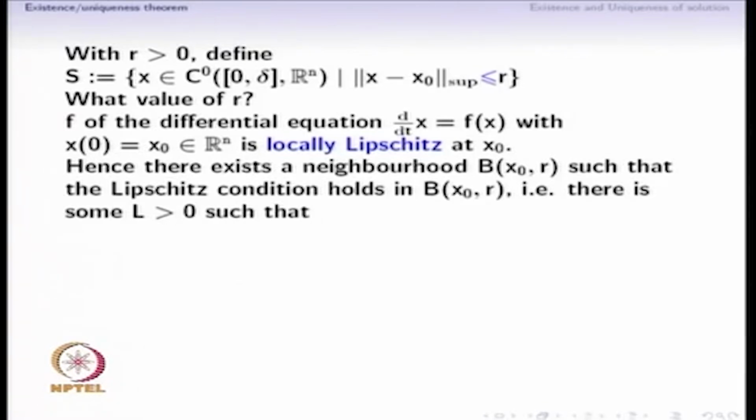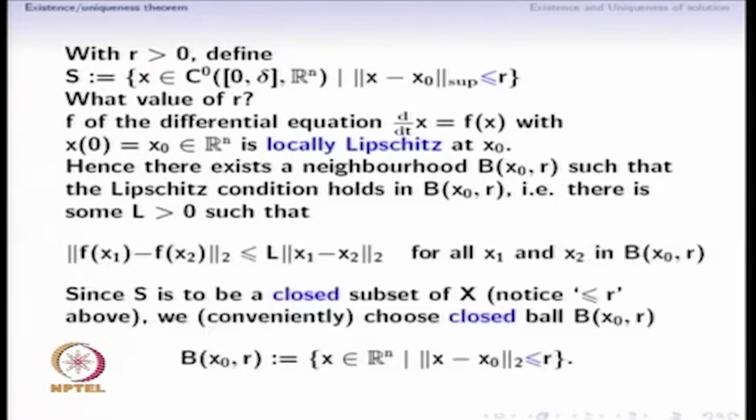This closed ball, we will very soon define it to be a closed ball. Because f is locally Lipschitz at the point x naught, there exists such a ball such that the Lipschitz condition holds inside it. To say that the Lipschitz condition holds means that for all x1 and x2 inside this ball, this inequality is satisfied. So we pick this r from the locally Lipschitz property of the function f.